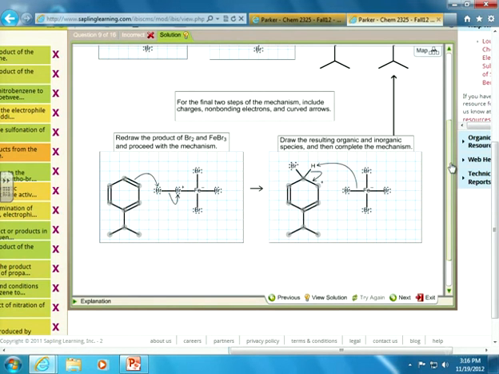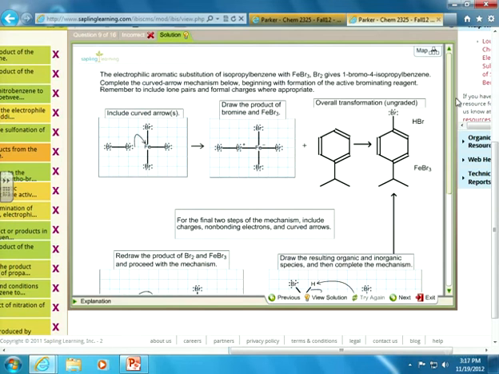Now for most of our electrophile parts too, they're very similar. In this case we have bromine bonding to iron, forming our good electrophile. Now if this was chlorine and that was aluminum, what happens? The same thing, chlorine will make a bond to the aluminum.